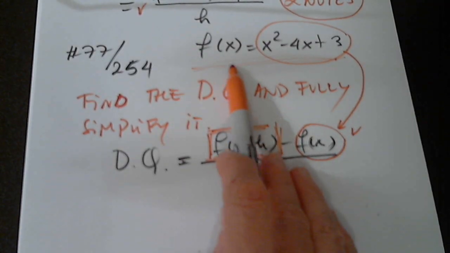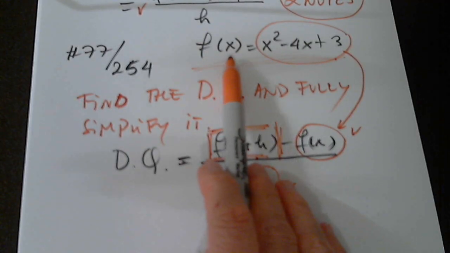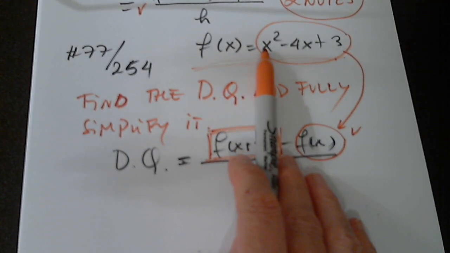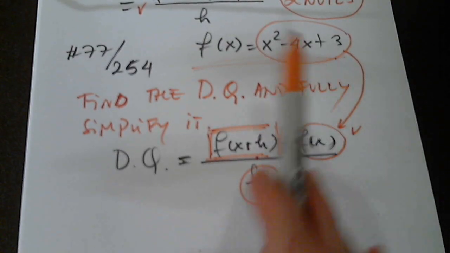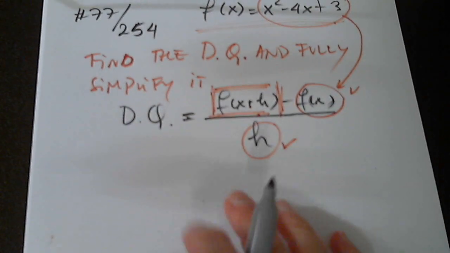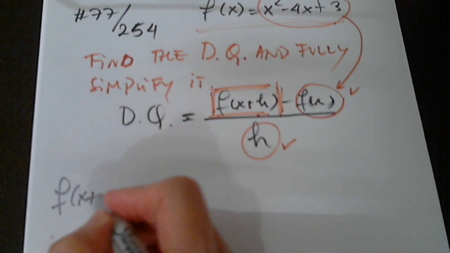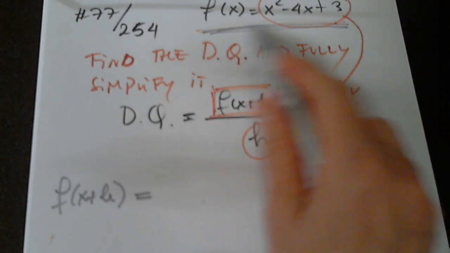Remember when we look at this function, what do we see? f of blah equals blah squared minus 4 blah plus 3. But I don't need the blah, I need the f of x plus h. So can anyone dictate the preliminary stage? Don't calculate anything. Just tell me what to write first in order to determine f of x plus h for this function.